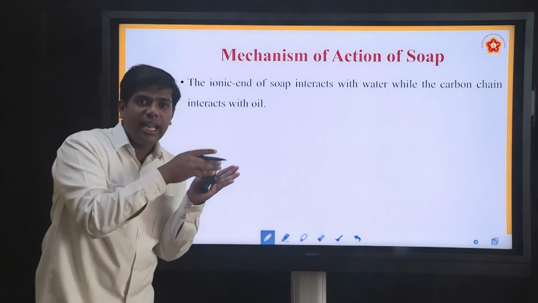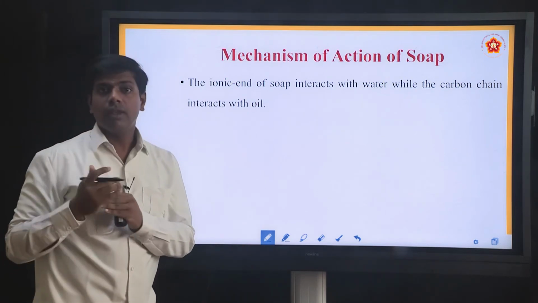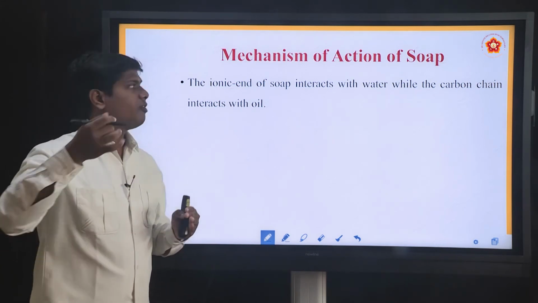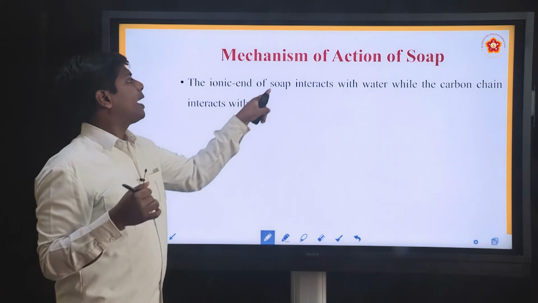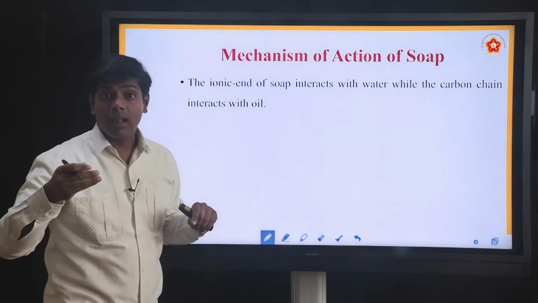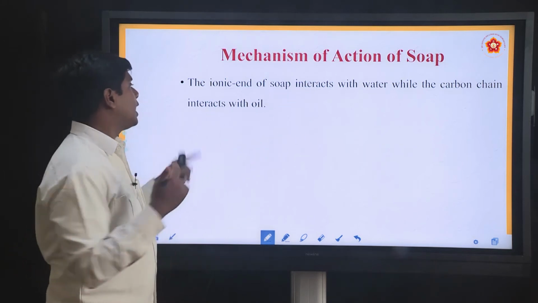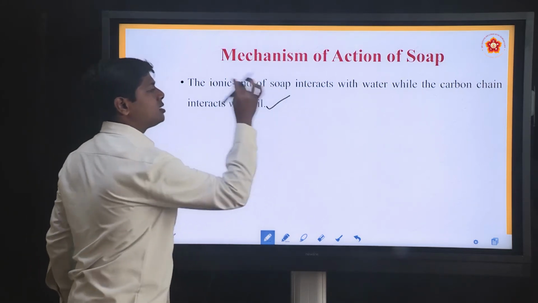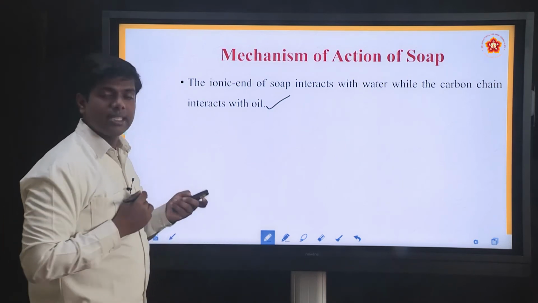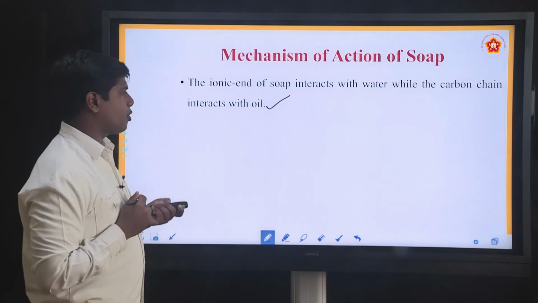That is hydrophilic and hydrophobic. First point is the ionic end of soap molecules always interacts with water, whereas the carbon chain interacts with oil, means hydrophilic and hydrophobic part. We will discuss what is hydrophilic and what is hydrophobic later.